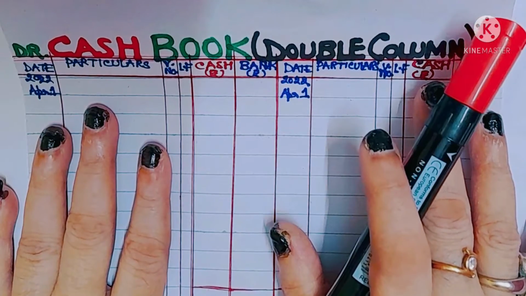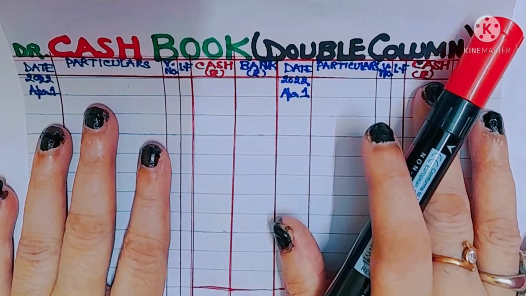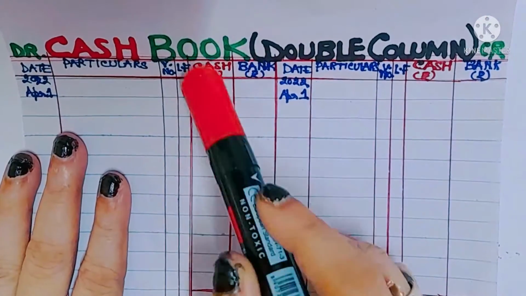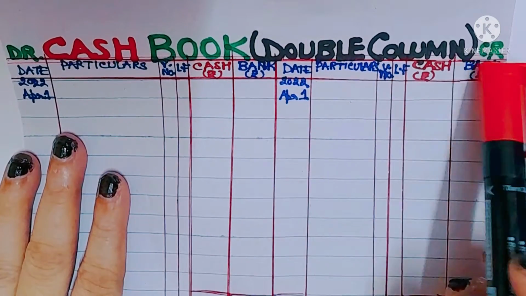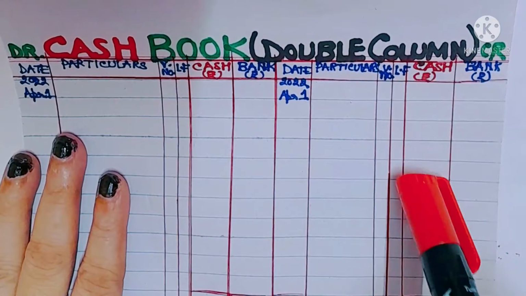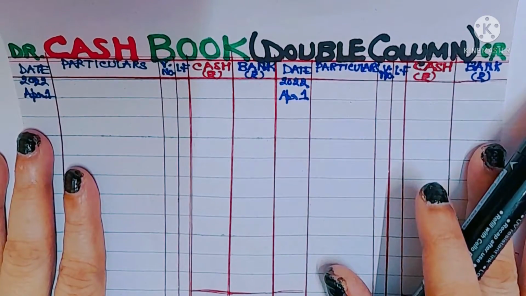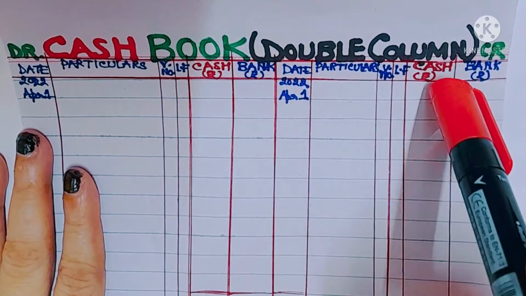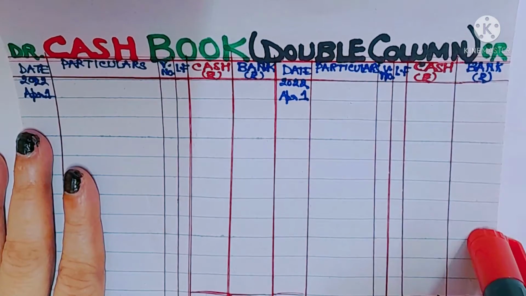All cash receipts are recorded on the debit side in the cash column, and all cash payments are recorded on the credit side in the cash column. And all checks received are recorded on the debit side in the bank column, and all checks paid are recorded on the credit side in the bank column.